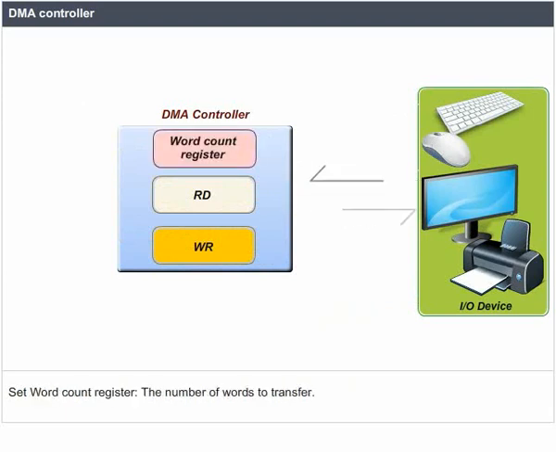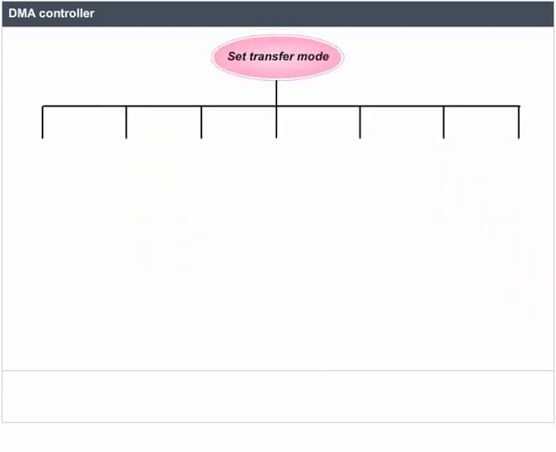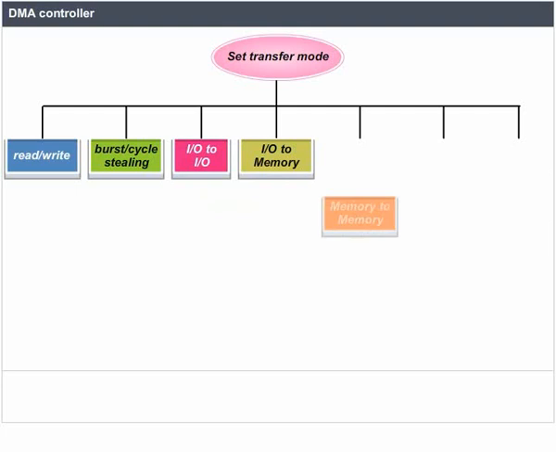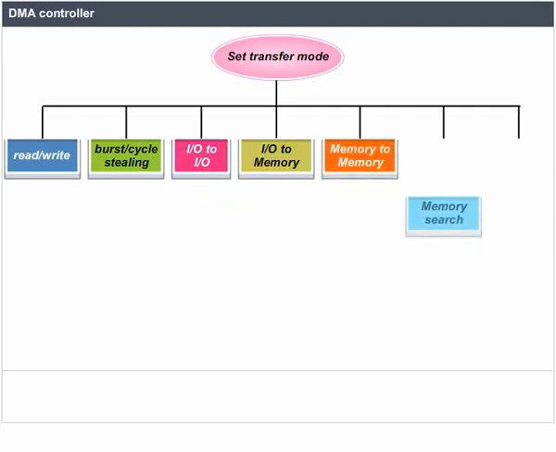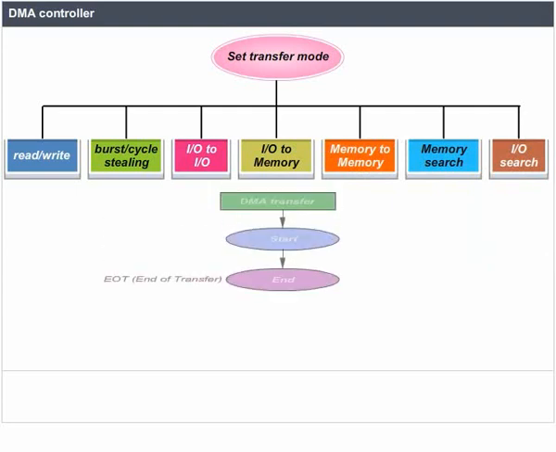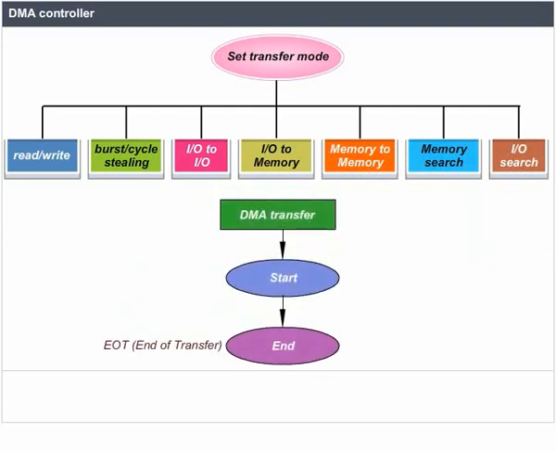Set word count register, the number of words to transfer. Set transfer mode: read, write, burst or cycle stealing. Input output to input output, input output to memory, memory to memory, memory search, input output search. DMA transfer start, EOT, end of transfer.